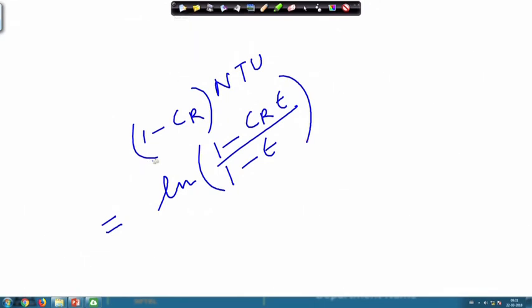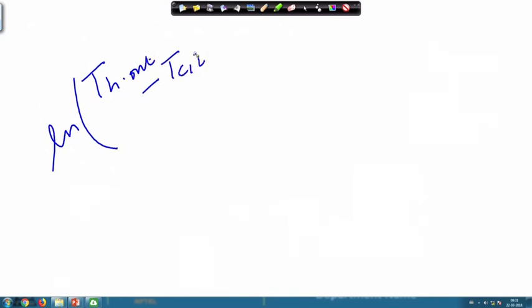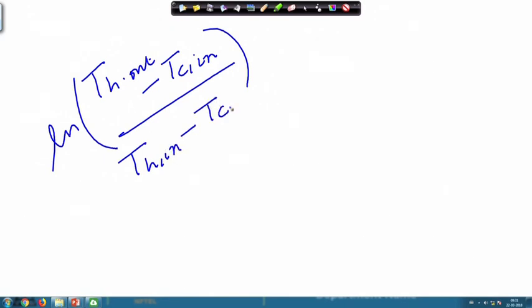On the right hand side we had this expression, and on the left hand side what we had is ln of (T_H,out − T_C,in) divided by (T_H,in − T_C,out). So, we will add and subtract.